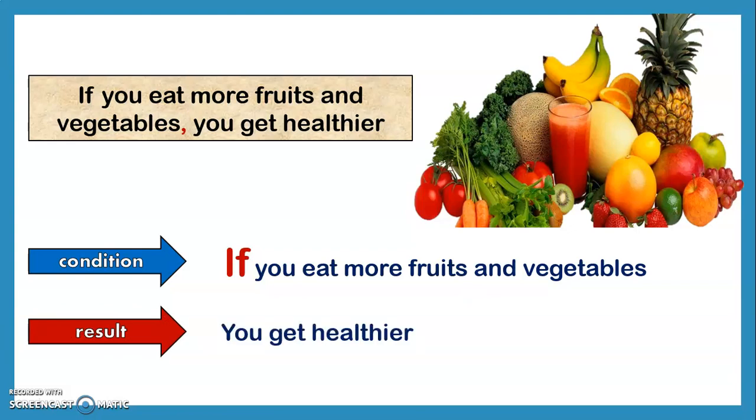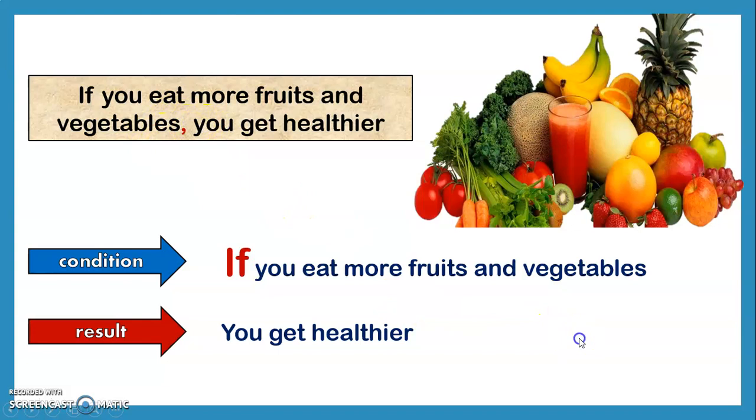You get healthier. That's right. And don't forget, you can change also this sentence. For example, you can say you get healthier if you eat more fruits and vegetables. All right, but don't forget what happened when you start with if, no, the comma between these two clauses, right?